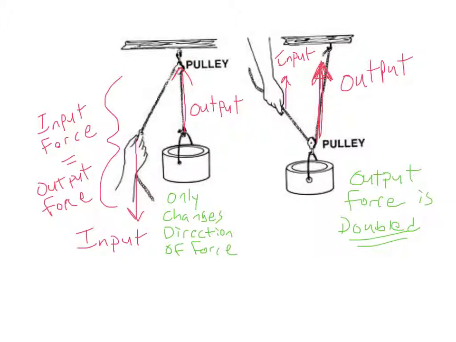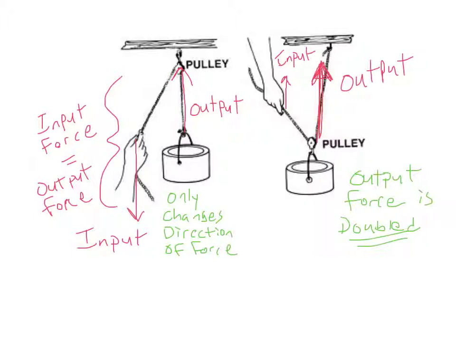While on this side over here, the distance that you pull that rope is going to be greater than the distance that the load is raised, because we've doubled our output force. So some of the energy, or the work, that's gone into pulling on that rope goes to multiplying that force and thereby decreasing the distance that the load is raised.